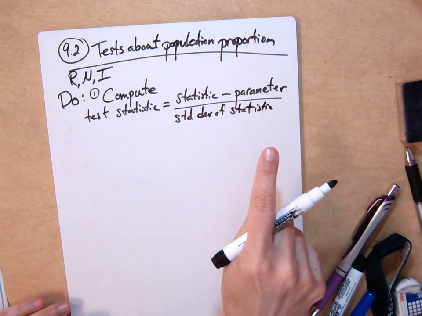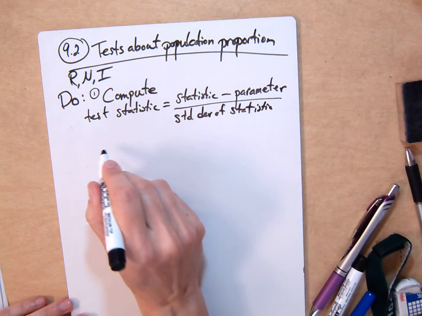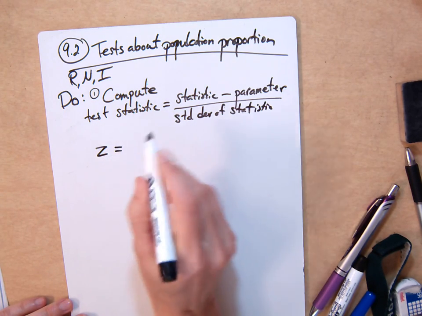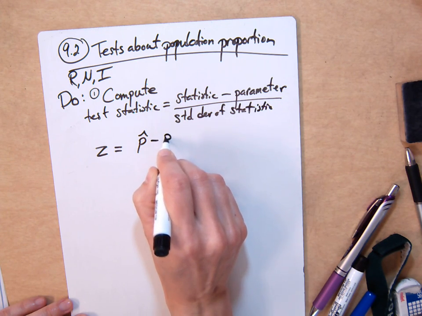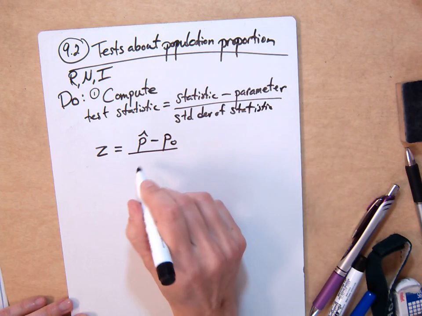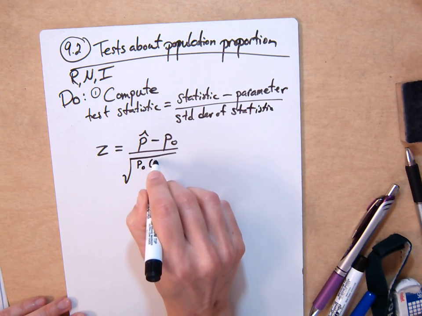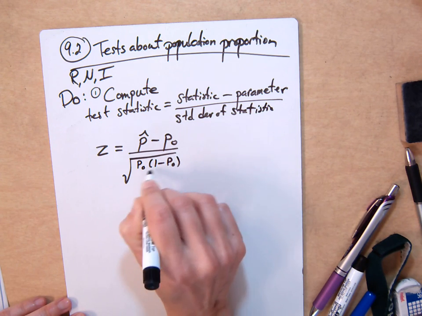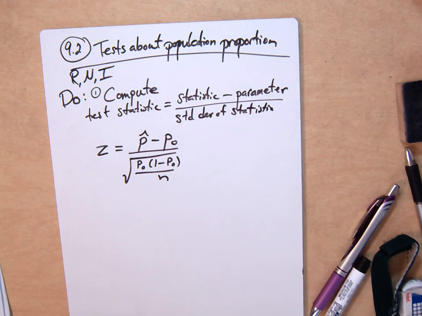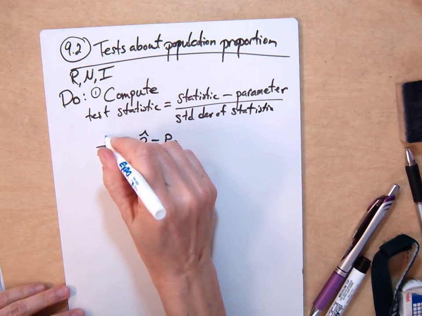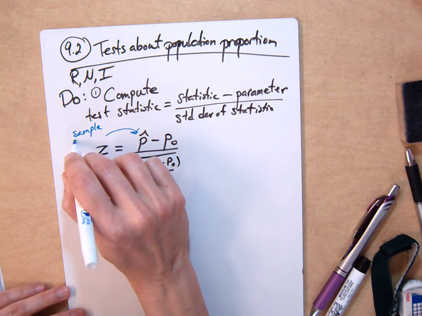Compute your test statistic. So in this specific case for this section, the formula is Z equals P hat, the sample proportion, minus P naught over the square root of P naught times 1 minus P naught over N. That's the formula that we used for Z. This is the sample statistic.